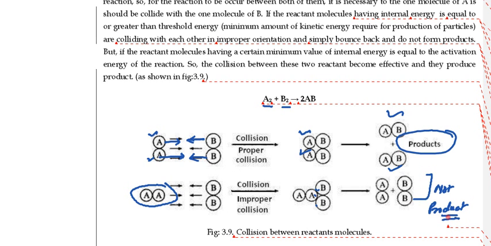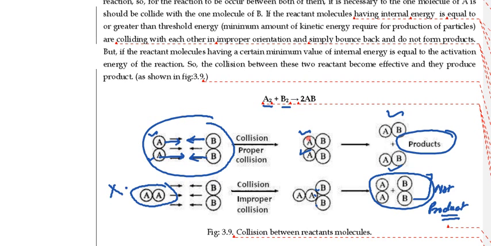Whatever reactants you had before the reaction, the same you will get back, which means the reaction did not run properly. So the collision between the reactant units should be in a proper way, for the particles to interact with each other and form a reliable product.